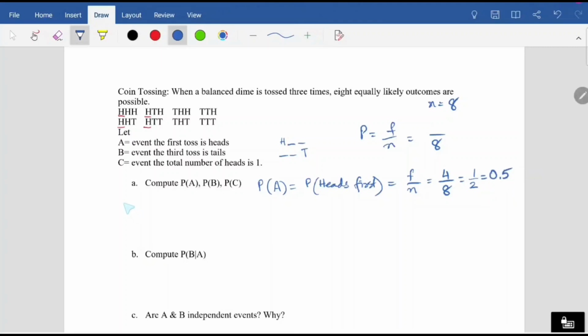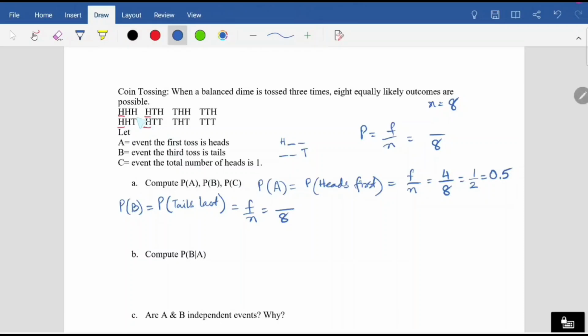The next one is probability of B. And what is B? Let's look at the event. It's the event the third toss is tails. So probability tails last. The last toss is a tail. Again, it's F over N rule. N is 8. So how many different ways do we see tail appearing as the third toss?